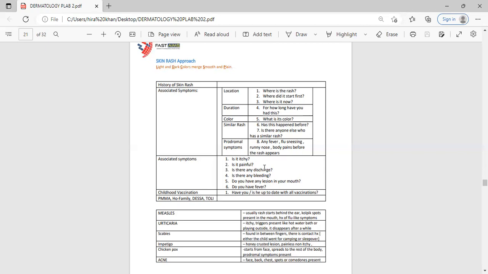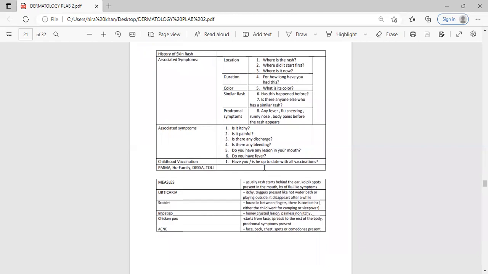So you should ask about the vaccination. Have you been vaccinated yourself? Or if there is a child, you can ask the mother, is your child up to date with his vaccination? And then comes the rest of the history. Cover only the very important points from the rest of the history. Just ask the relevant questions, don't ask irrelevant questions.